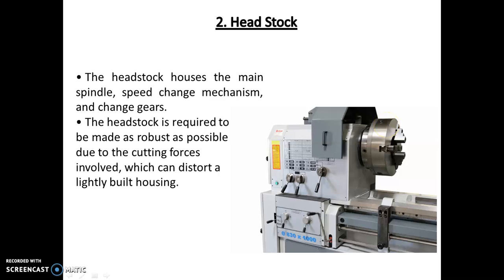Cone pulleys or gears could be used to change the speed of the spindle. Holding devices mounted on the headstock spindle are like the 3-jaw chuck, 4-jaw chuck, faceplate, collet chuck, magnetic chuck, and lathe dogs. All these workpiece holding devices we'll cover later.